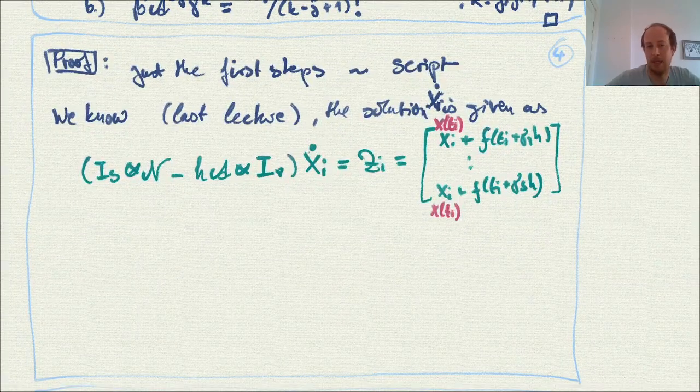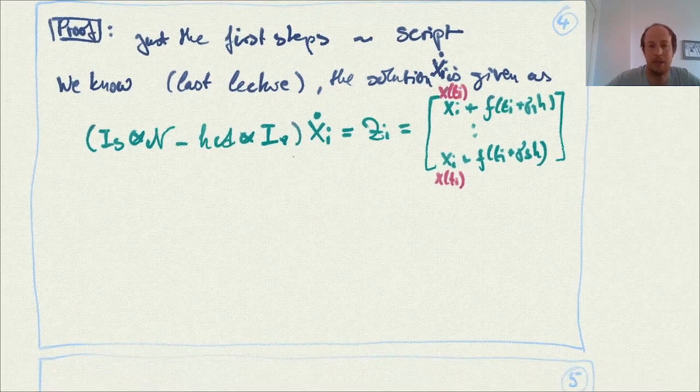Then by this we get the stage values, and then you know how the Runge-Kutta methods work. If you have the stage derivatives, then you know the new iterate. So this will give us a representation of the stage derivatives, and with that a representation of the numerical solution. And that will be used to do the estimates.